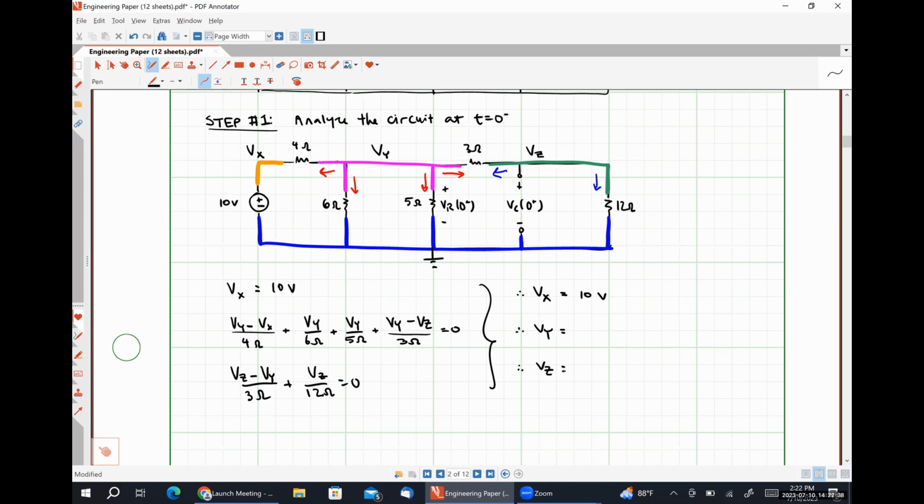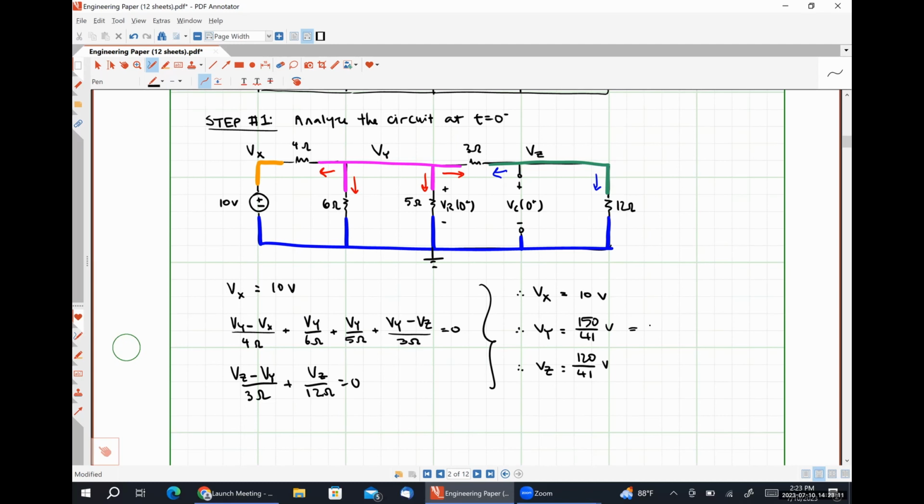So if I've entered all that into my calculator correctly, I get Vx is equal to 10, Vy is equal to 150 over 41, and Vz is equal to 120 over 41. And by inspecting our circuit, we can see that VR is just Vy minus 0.